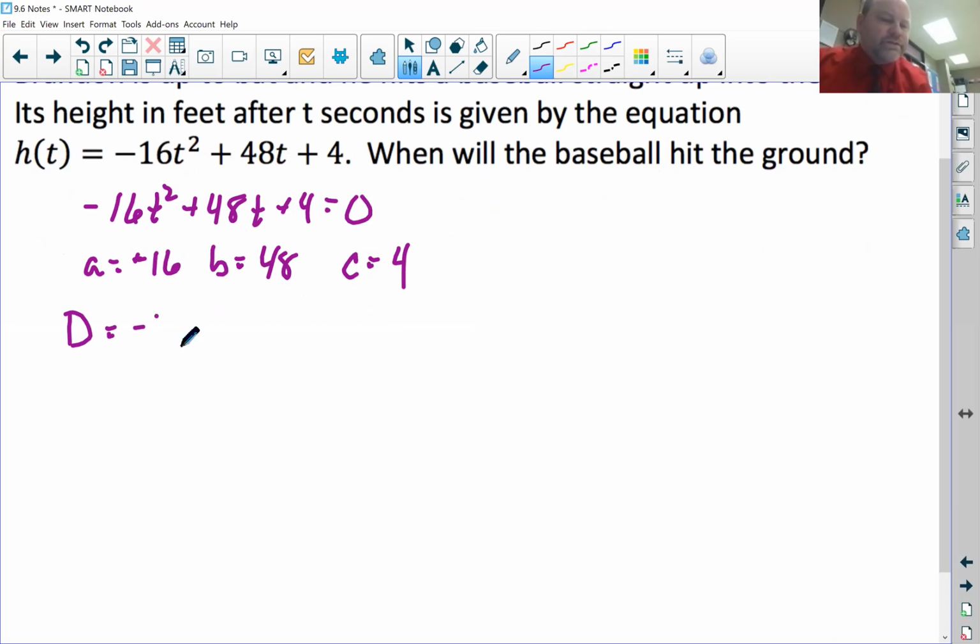The discriminant is 48 squared minus 4 times negative 16 times 4.